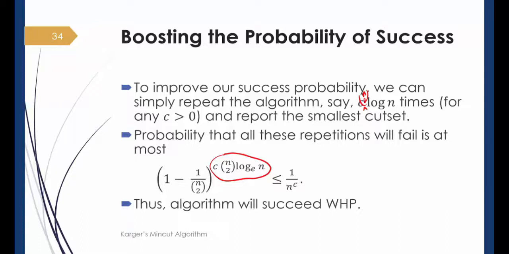So now the probability that all of these repetitions will fail is going to be 1 minus 1 over n choose 2, the whole raised to c times n choose 2 times log base e of n. Here I am using log base e, and this ends up being at most 1 over n to the c, which is what we need for high probability. So this gives us a guarantee with very high probability that the algorithm will indeed find, in particular, the cut set C star.